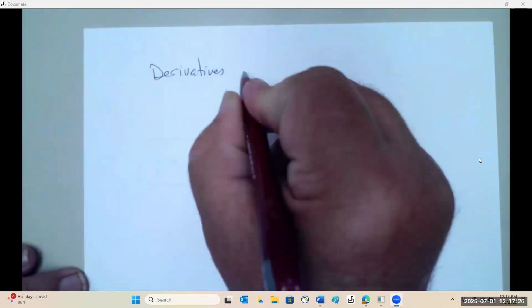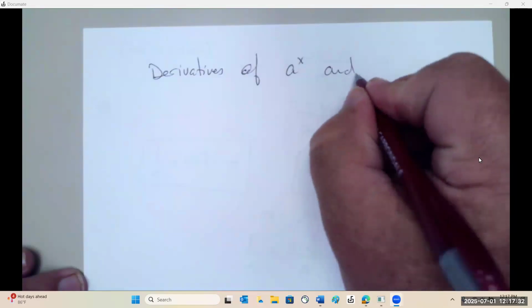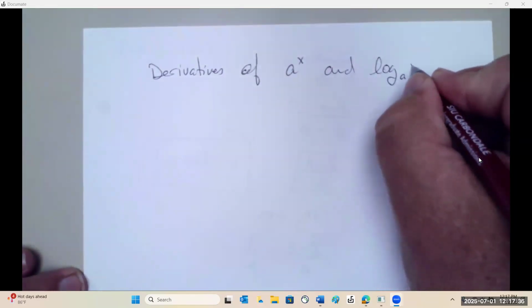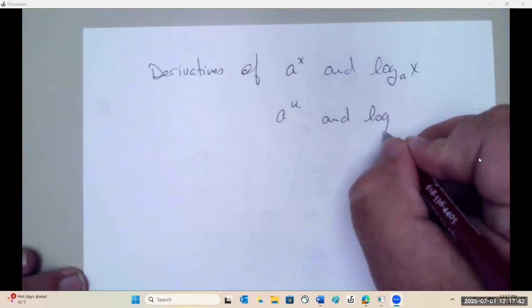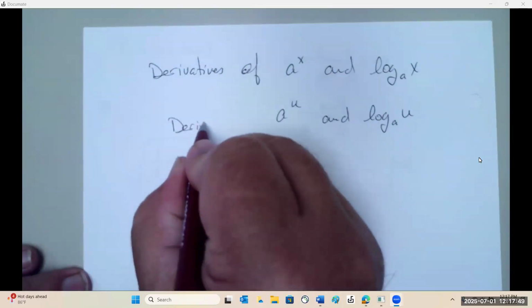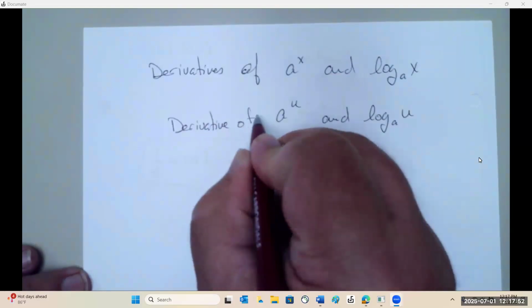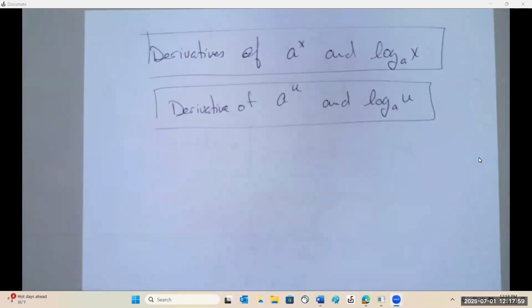What about if it's not natural log? Log of A to the power X and log A to the power X, or A to the power U and log A to the U. For this section, we have to know the comparison.